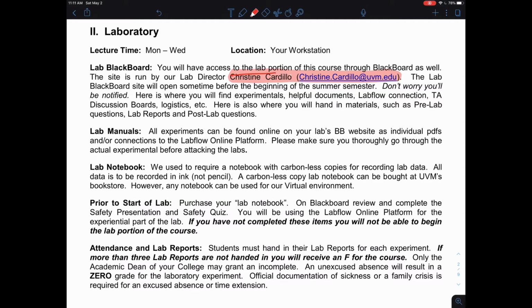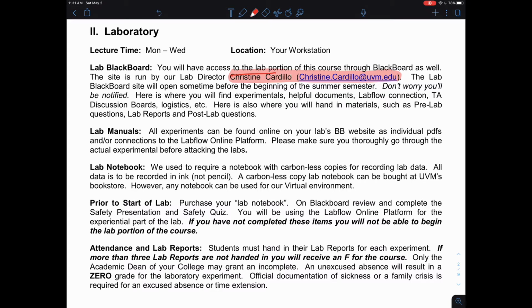And you will have a separate Blackboard site for the lab as well. So I don't think that that's up and running yet, but that'll be coming very, very soon. So we'll be notifying you about the lab flow, in terms of the lab virtual setup.